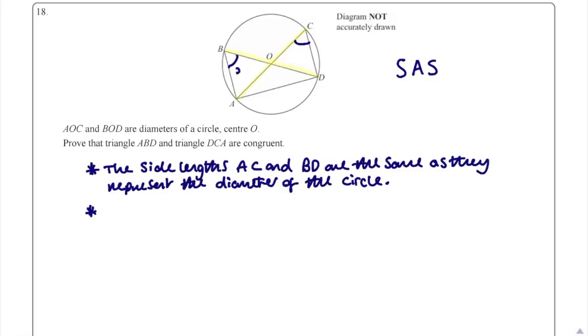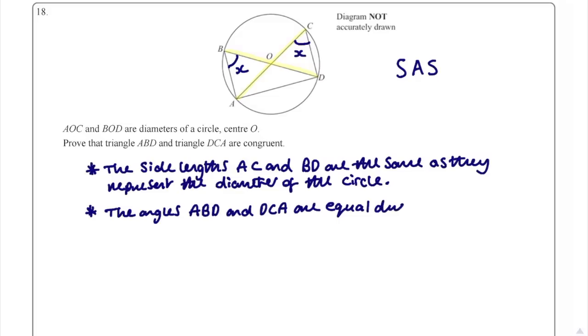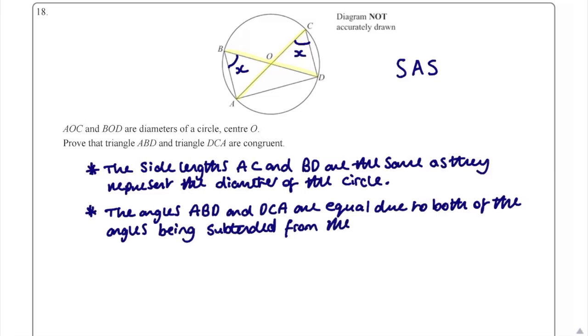So if I call those angles X, what I'm saying is that the angles ABD and DCA are equal due to both of the angles being subtended from the same segment. And that's a law of circle theorems.